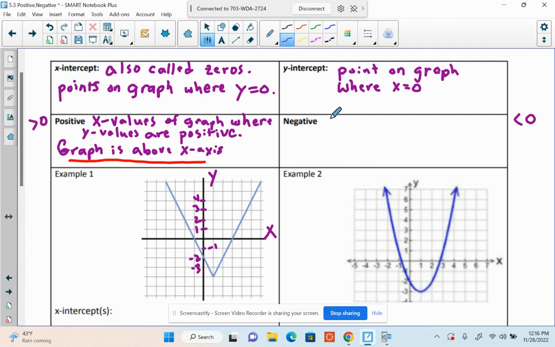So negative, when we ask for intervals where the function is negative, or where the graph of a function is negative, it's going to be all the x values of the graph or of the function where the y values are negative, meaning less than 0.